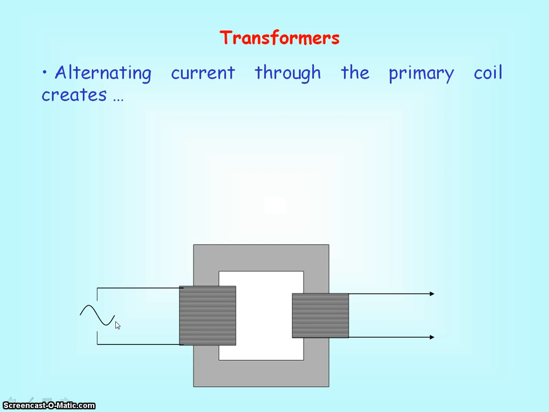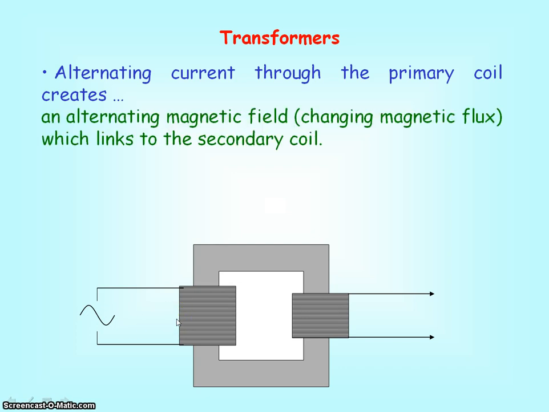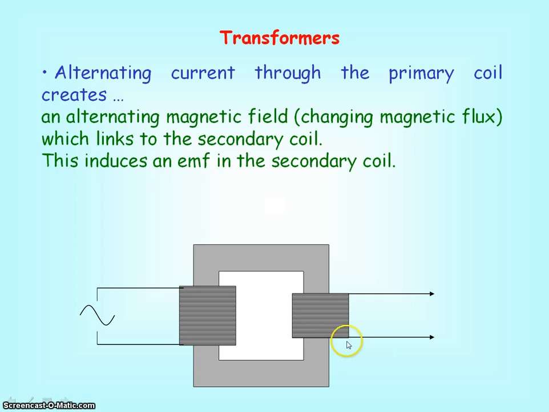Alternating current through the primary coil creates a changing magnetic field, or changing magnetic flux, which then links to the secondary coil. So the changing magnetic flux linkage in the secondary coil induces an EMF. This induced EMF is our output voltage from the secondary coil.